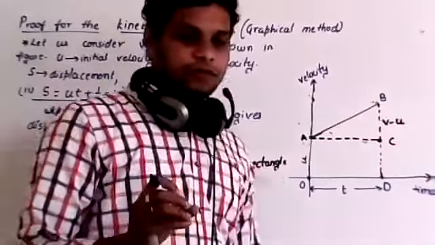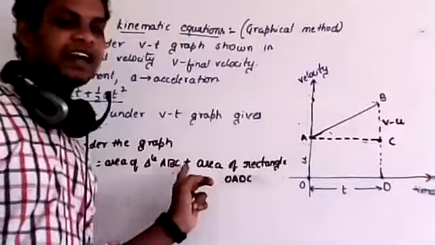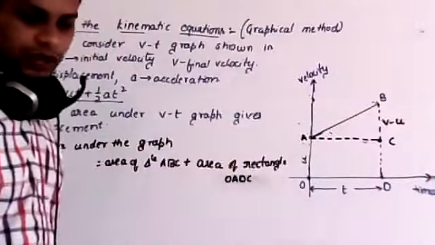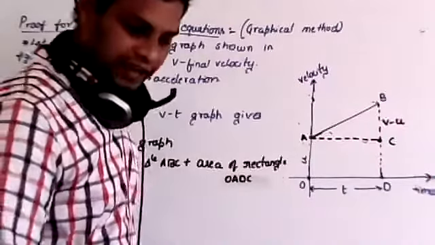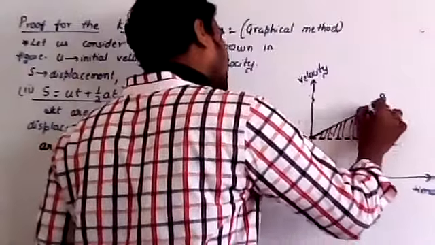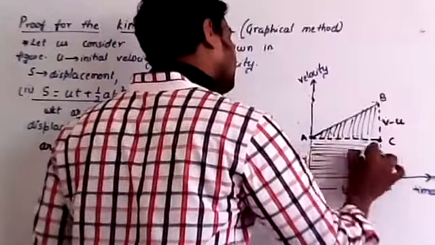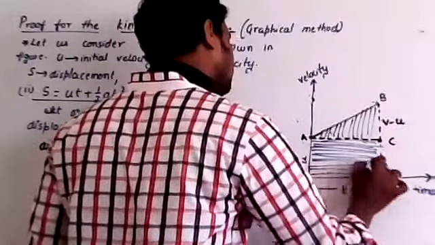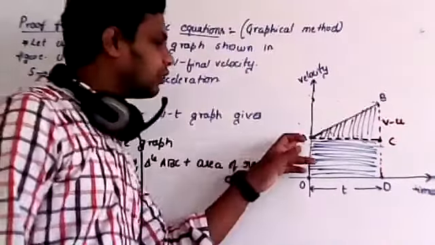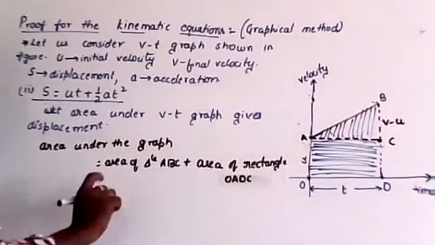Or else, if you know the trapezium formula, you can directly write down the area of the trapezium OABD. Are you clear? You can directly write down the area of trapezium OABD if you know the formula. Same answer you will get.